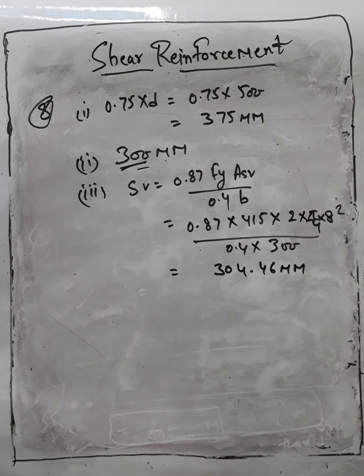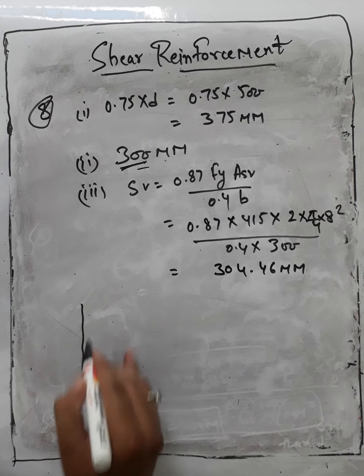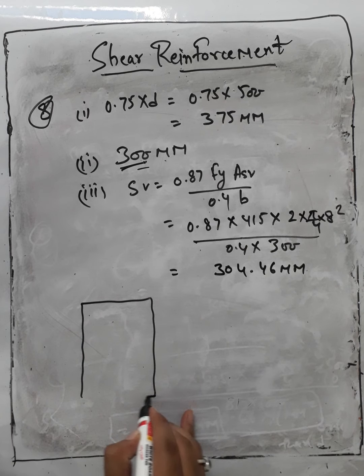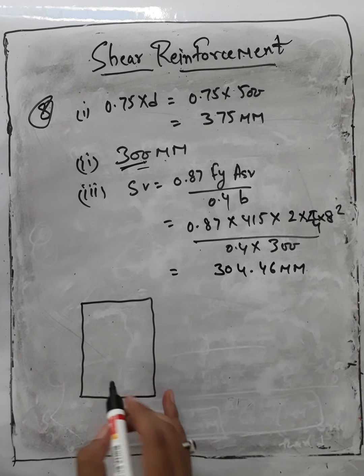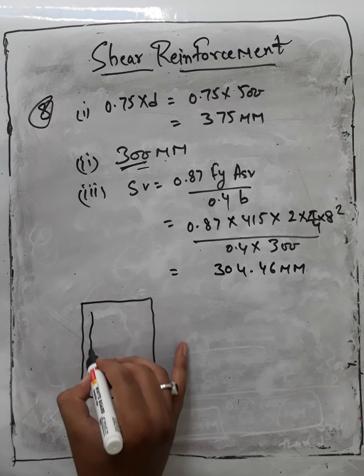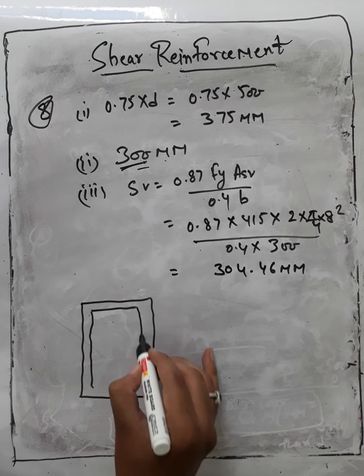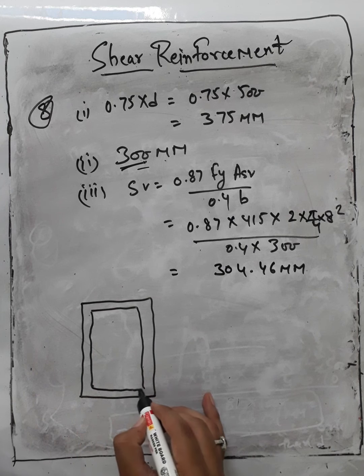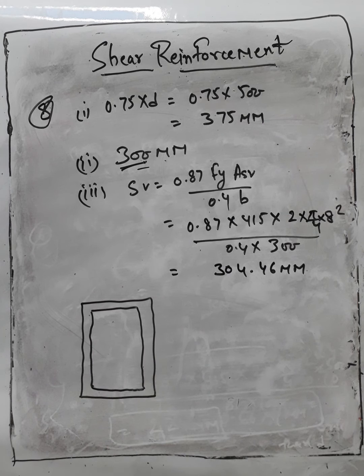After finding this, you have to draw the diagram. First, you have to draw the diagram which we have been given. We have one beam in which we have provided the two-legged stirrup.